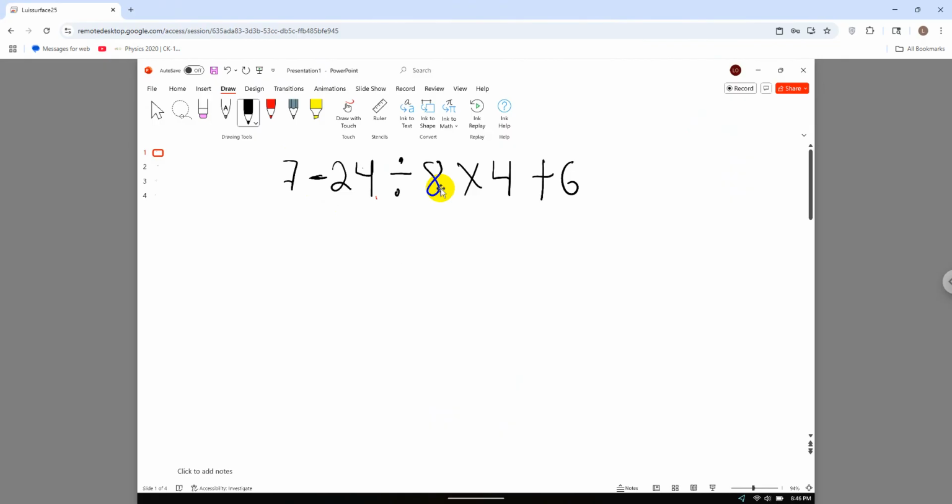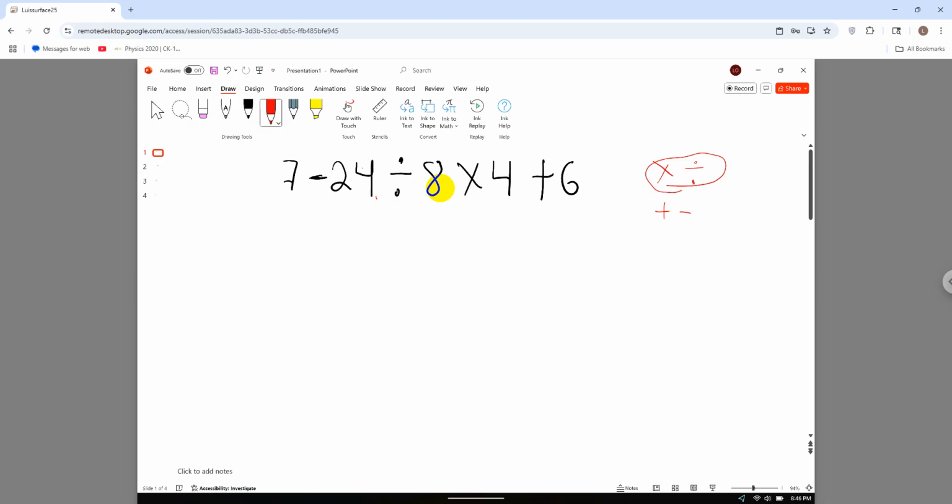Again, we have to see which of these operations has the highest hierarchy. So there is only addition, subtraction, multiplication, and division. So remember that the multiplication and the division are performed first before the addition and the subtraction. So we have to do these guys first.